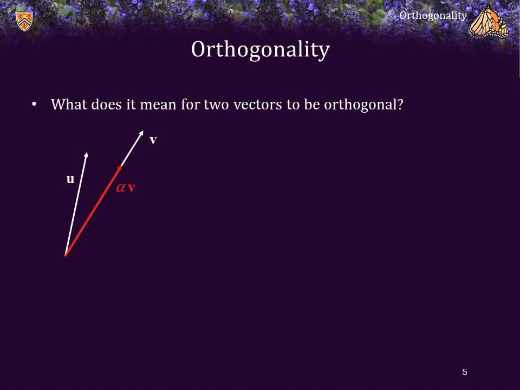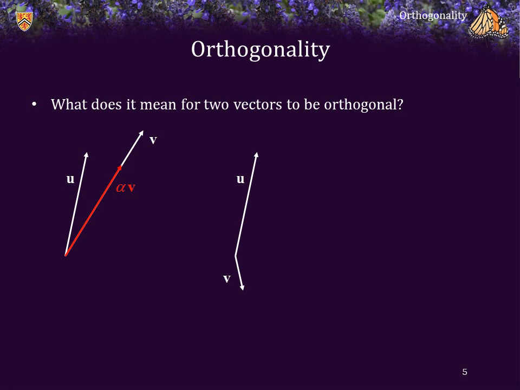And in this case, notice that alpha would be positive. So a positive scalar multiple of v is closest, or the best possible approximation of the vector u. And alpha is positive, and also the angle between u and v is less than 90 degrees.